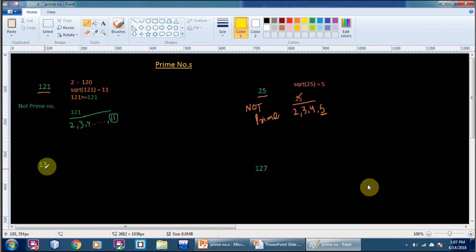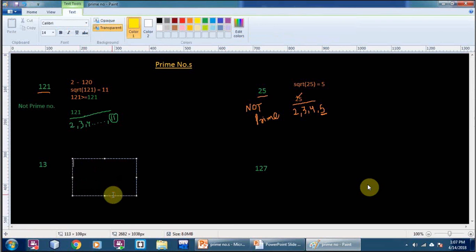Now I am going to check 13. First I will calculate the square root of 13. I will not get the exact number, but we know I will get a number which is greater than or equal to 13. So here I will take 4 into 4, that is 16. It means if I get the square root of 16, I will get 4. 16 is greater than or equal to 13.